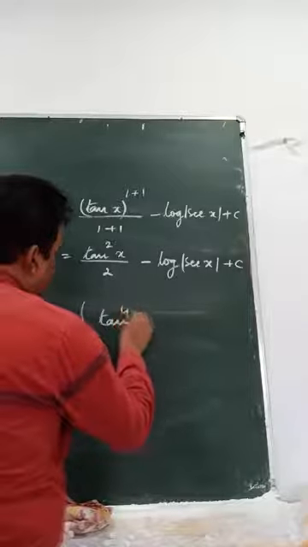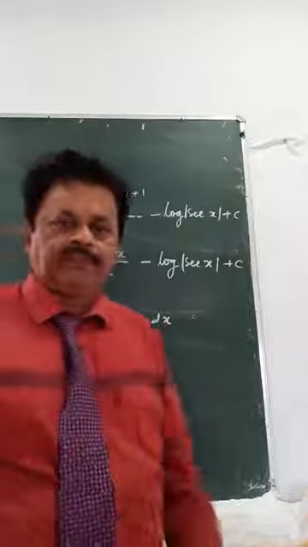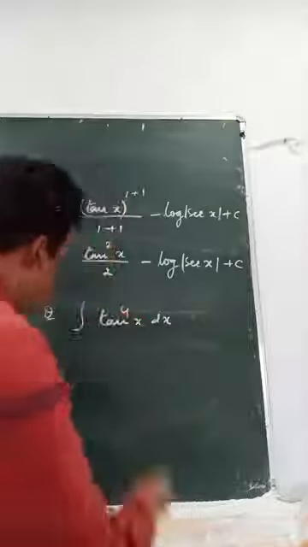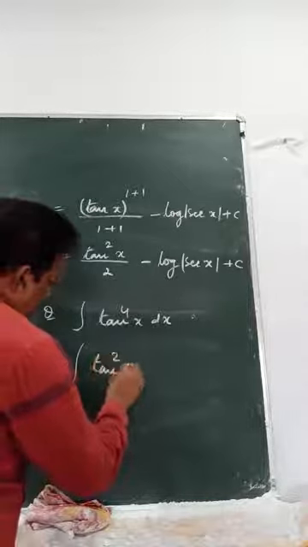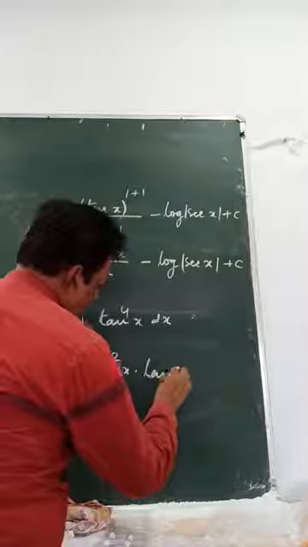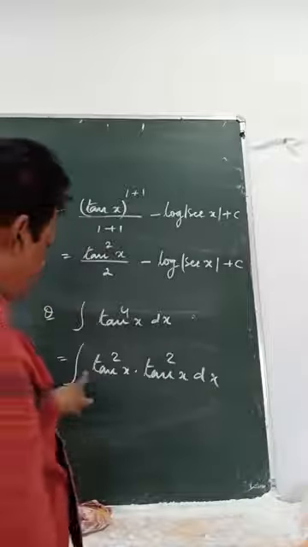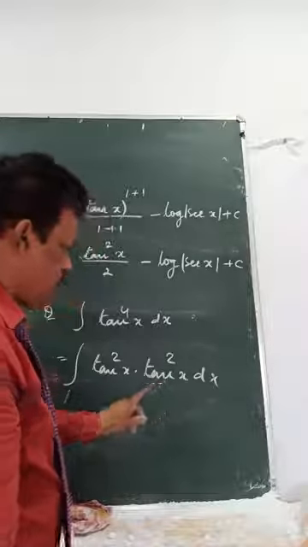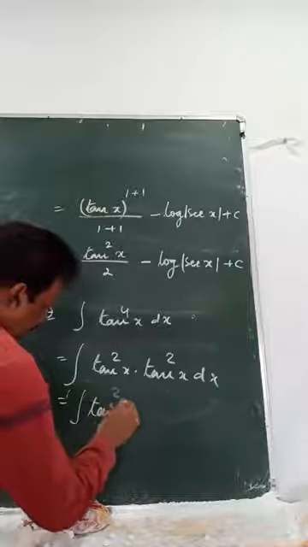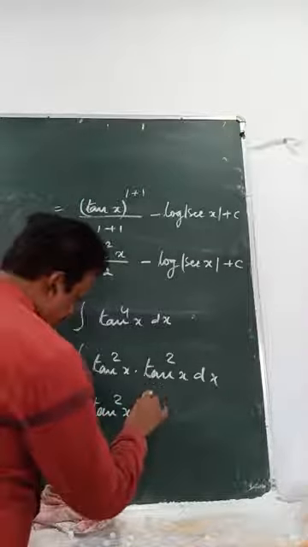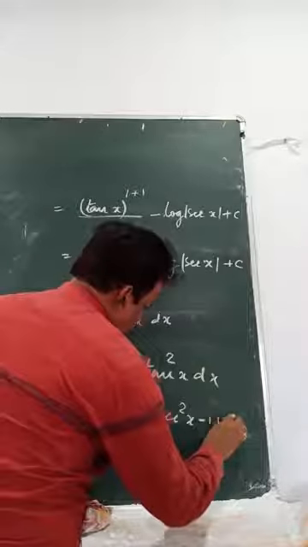Now, if I get another question, tan 4th x dx, how will you solve it? So let's break it. Let's write tan square x, tan square x. One tan square x, you write in sec form: tan square x is sec square x minus 1 dx.